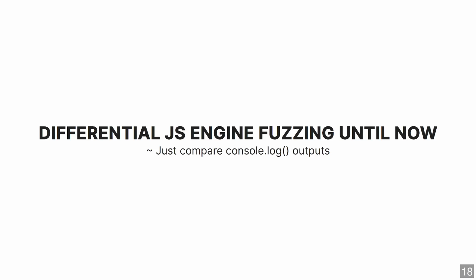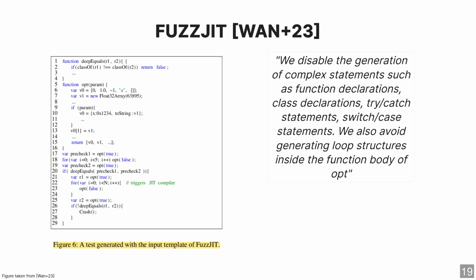So they change the input program, which has the problem of modifying the program. Modifying the program has the problem of inhibiting JIT compilation, basically. Let's talk about this in more detail. One paper that does differential fuzzing between JIT execution tiers is FuzzJIT.